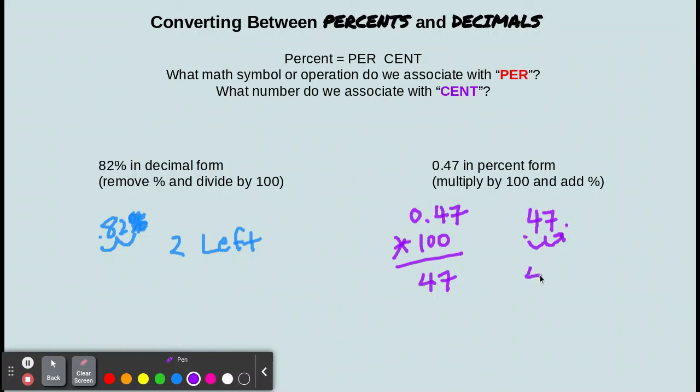So then it becomes 47%, right? From percent to decimal form, move the decimal places 2 spaces to the left. From decimal form to percent, move the decimal place 2 to the right.